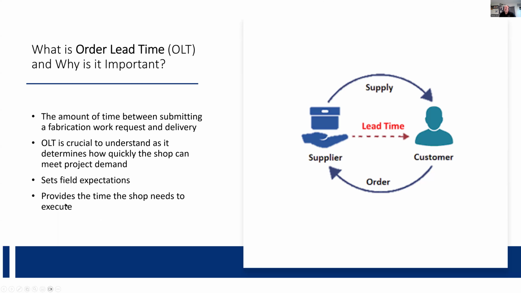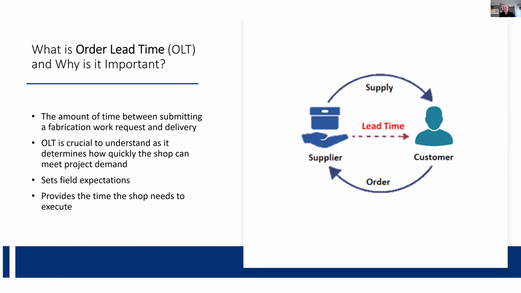But this is important, and this is what I think a lot of our shop managers will struggle with, is actually having the time that's required to execute. It's kind of like a storm of things that are coming in and out. Sometimes the shop is super busy, sometimes it's not.